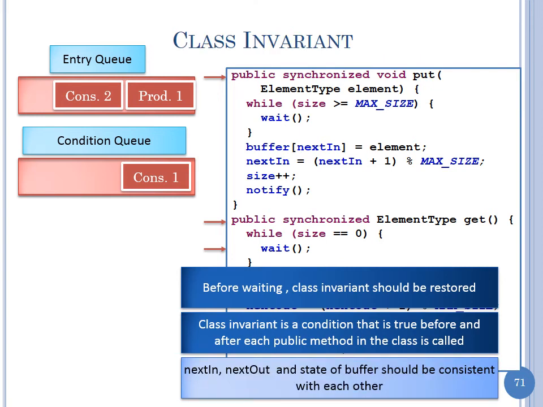So let's look at our code. When we go into a put or a get, we change 3 elements. We change the buffer, we change next in or next out, and we change size. If we don't do all 3, then the relationship between the buffer contents, the pointers, and size will not be the correct one.